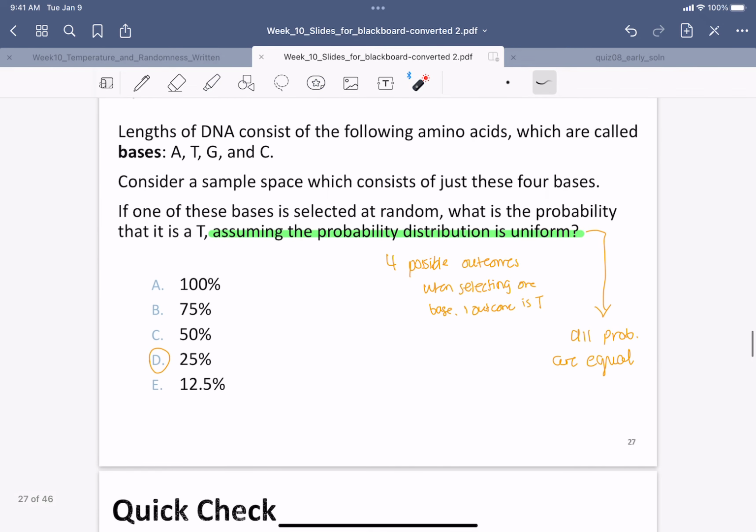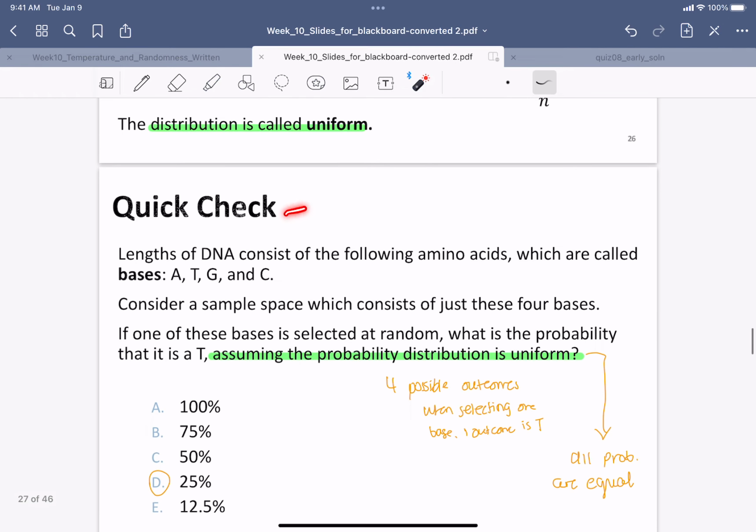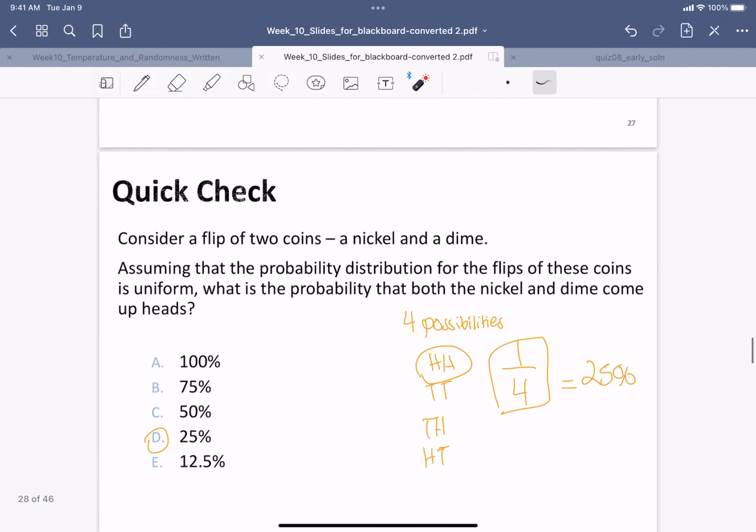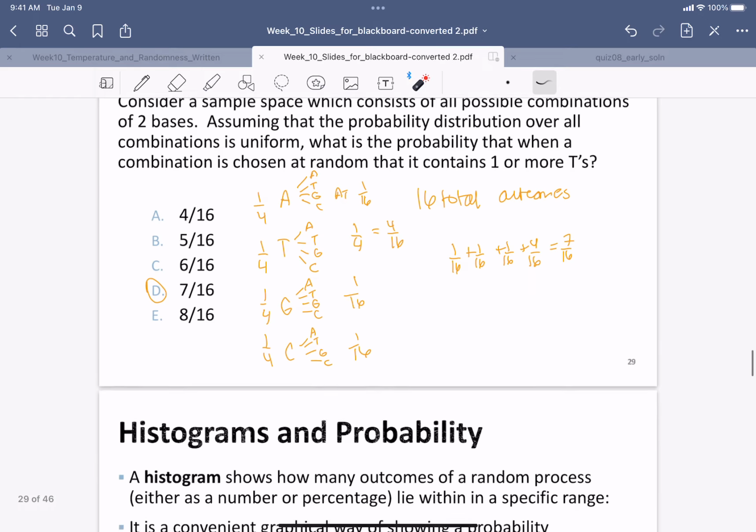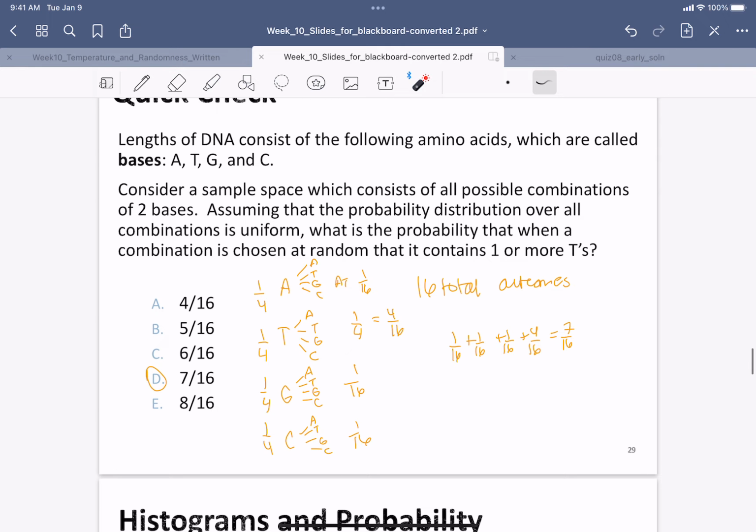So yeah, I would go over some of these quick checks as well. They're pretty good to review things. I hope that they don't pull any of these base problems, because unless you have a stats background, or even if you do, I think you would have a tough time doing this, because these are just tree diagrams that you have to do, and you have to add up all the outcomes and whatnot.